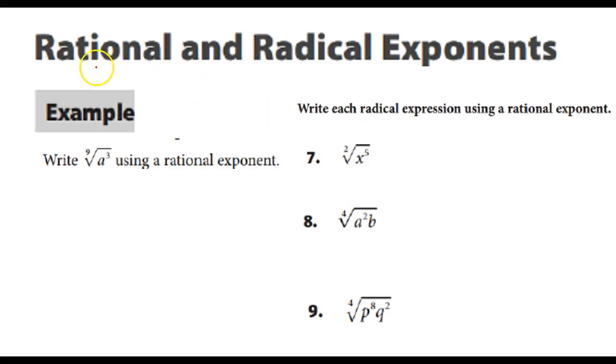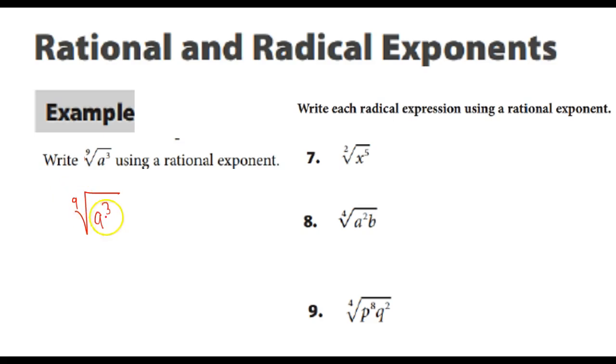Alright, so we're going to finish off the getting ready section of this credit with rational and radical exponents with a review of how we write the ninth root of a to the third using a rational exponent. So the way we'll do this is I'm going to write this out.